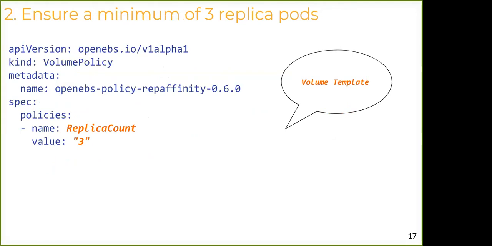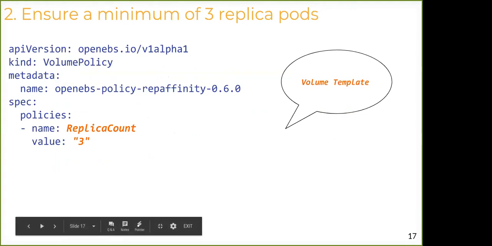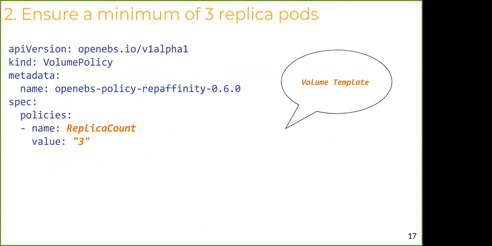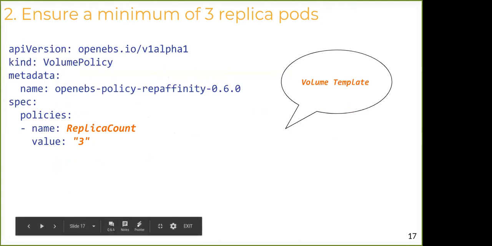Okay, we are on to the next characteristic of a replica pod, which is to ensure a good number of replica pods. For example, we always advise a minimum count of 3. In the volume template, the operator has to put this: replica count as 3.